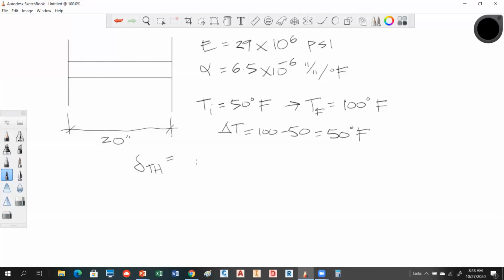Thermal deformation is equal to alpha delta T L. So alpha again is my 6.5 times 10 to the negative 6th, times 50, times L, which is 20 inches. Okay, let's see what we come up with here.